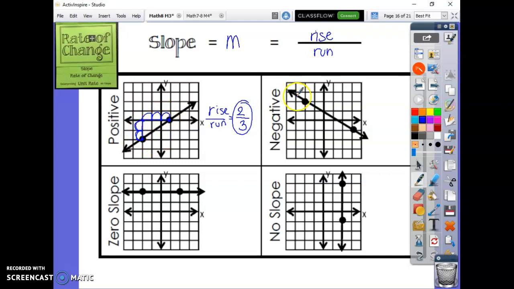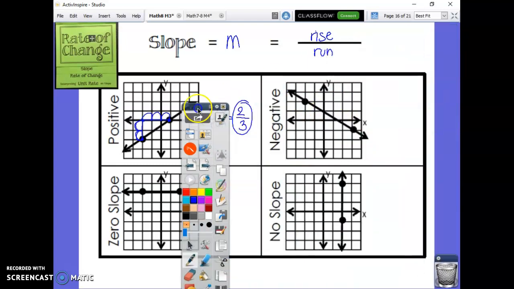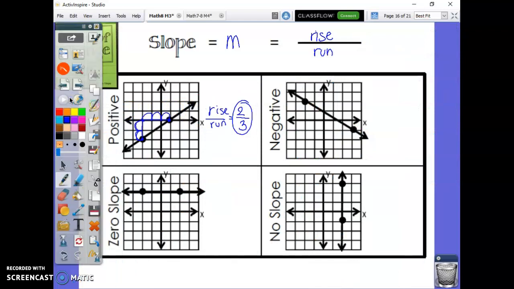Let's look at this line going negative, or going down. Again, we're going to do rise over run from point A to point B. We're going to go this way and to the right. For the rise, we go 1, 2, and 3 units down.